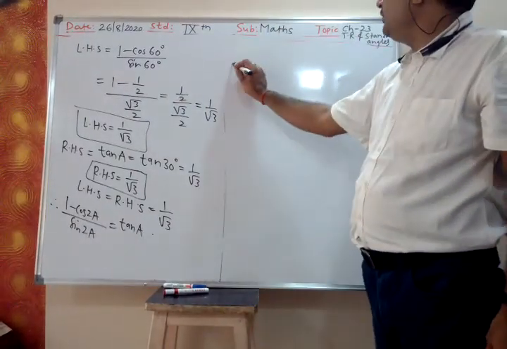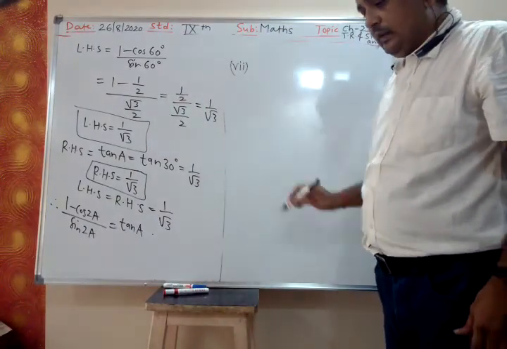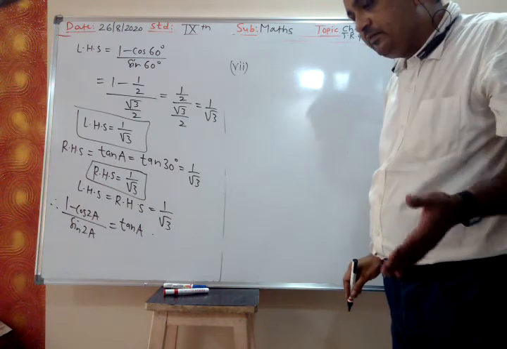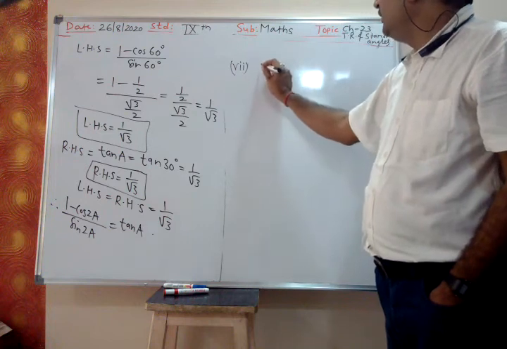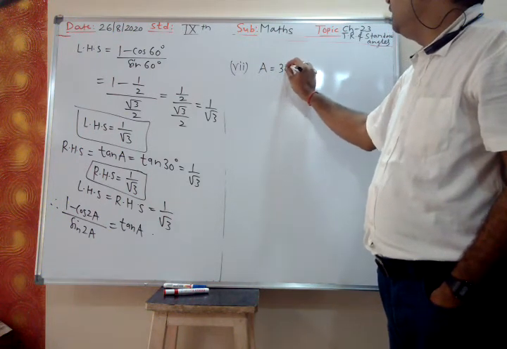Now 7th. Let me do 7th. A is the same angle. A is 30 degrees.